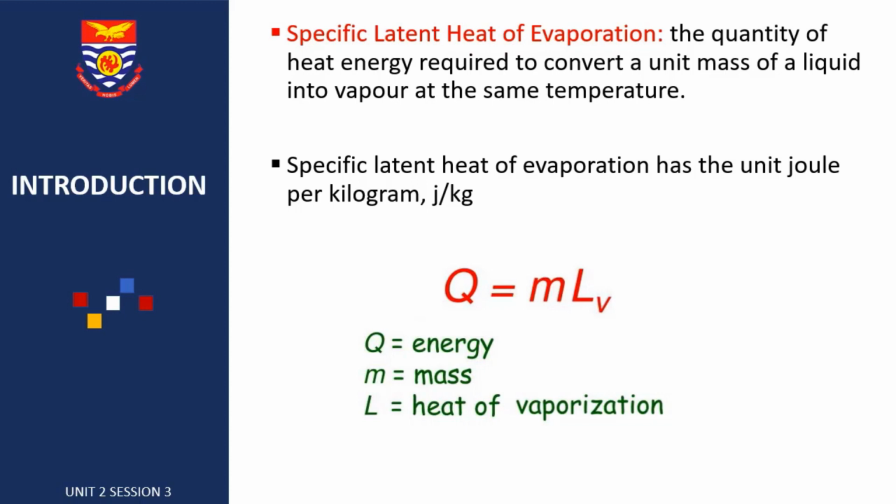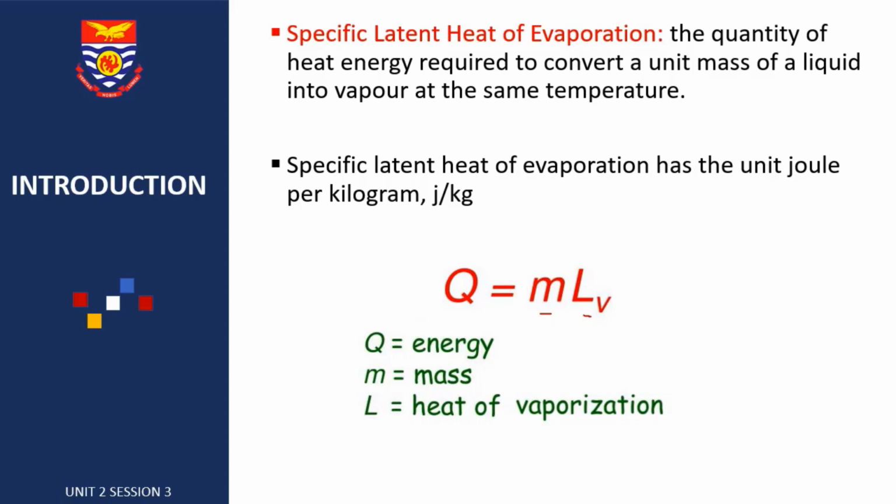The formula that we have here is Q equals M Lv, where Q is our energy, M is our mass, and Lv is the specific latent heat of evaporation.